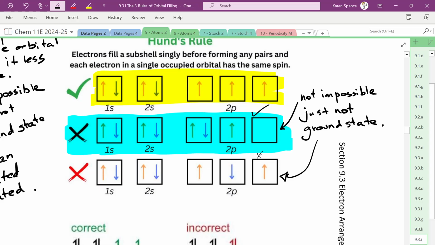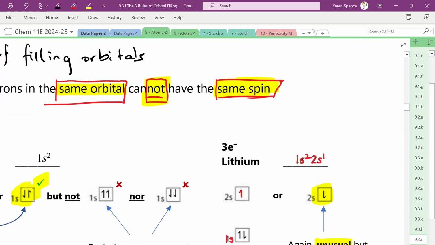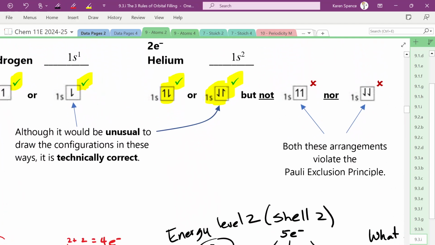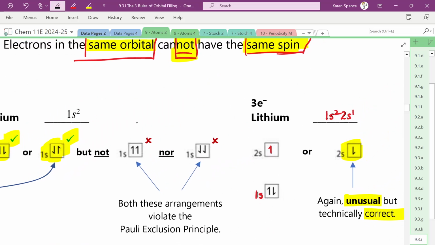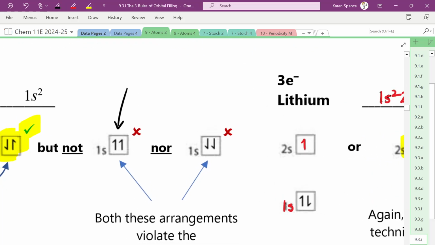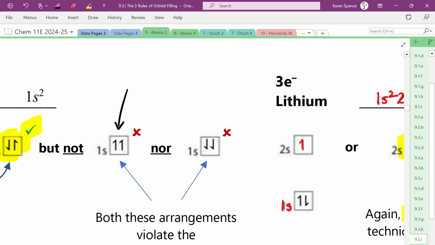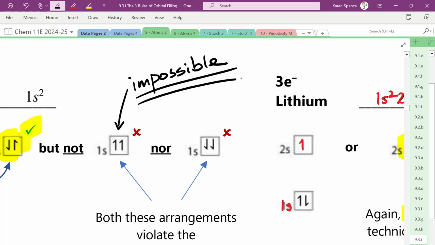Now, I'd like you to contrast this not impossible, just not ground state with the Pauli exclusion principle. That there, with the 2 spins the same, is that impossible or just not ground state? It is impossible. Nature just doesn't allow it.